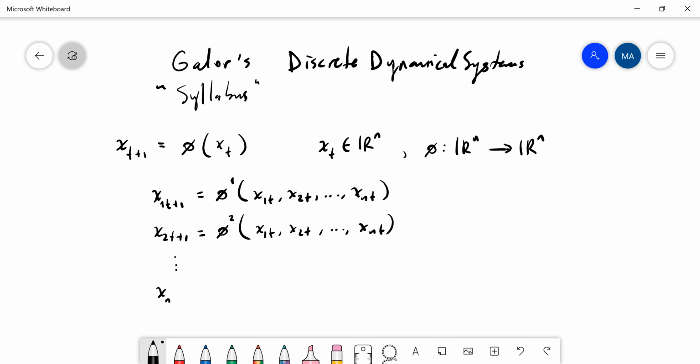And finally, you have xn(t+1) equals phi n(x1(t), x2(t), ..., xn(t)). Okay, so we want to understand the global and local properties of such systems.